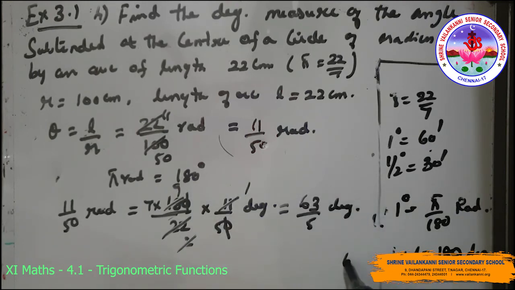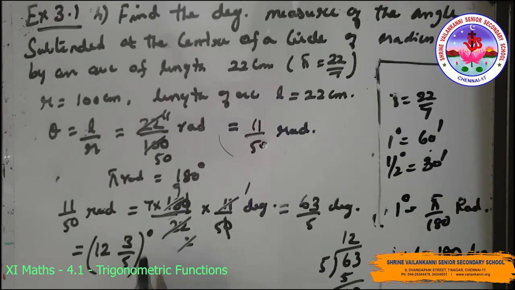Have to divide this. So 63 by 5, 12 times 5 is 60, remainder 3. So I can write 63 by 5 degree as 12, 3 by 5 degree. So you have to convert 3 by 5 degree into minutes.